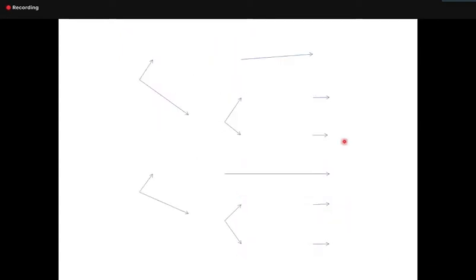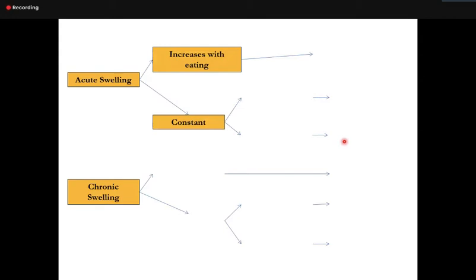And now this is an algorithm for all salivary gland swellings. They can be acute or chronic, and if they are acute, they can increase in size with eating, or they don't increase in size with eating.